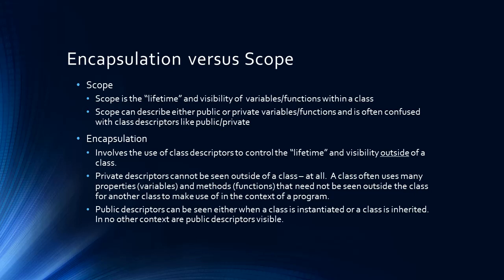A variable is very, very similar to a property. The only thing is, when we say property, we're saying this is relevant in some way to the class. Even if it's a private property, a private property simply means that it can't be seen outside of the class, but it's still relevant in some way to the class itself.